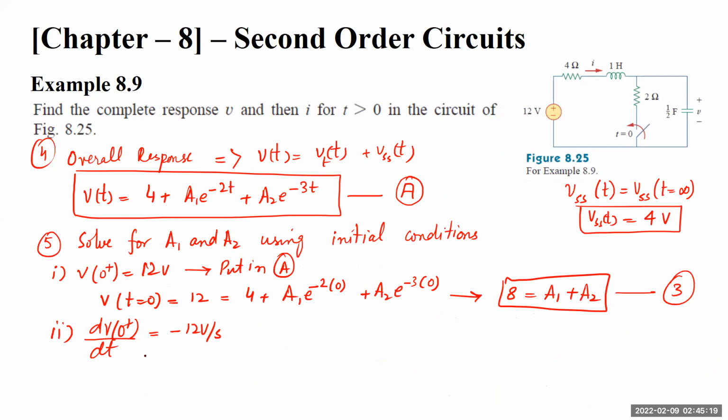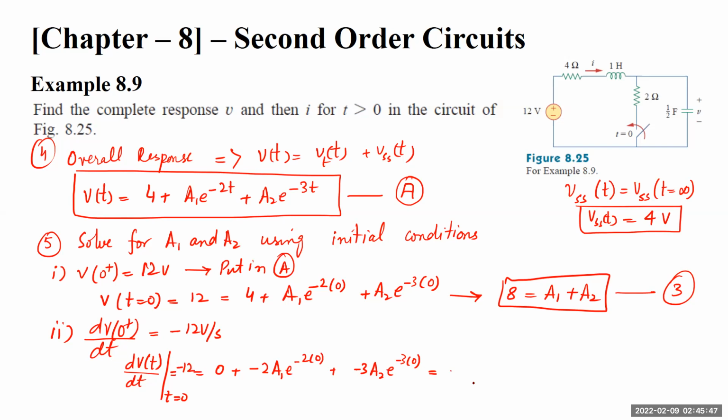First we differentiate this. dV by dt at time t equals to 0 becomes the differential of 4, which is 0, plus minus 2 a1 e raised to power minus 2 into 0 plus minus 3 a2 e raised to power minus 3 into 0. This is equal to minus 12.